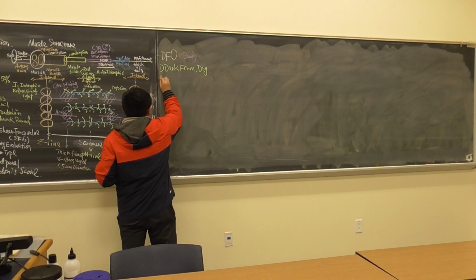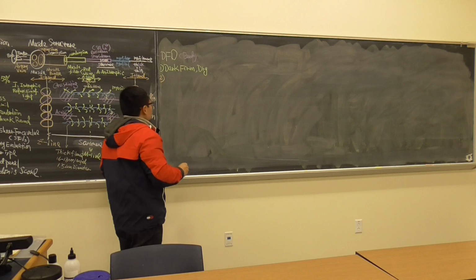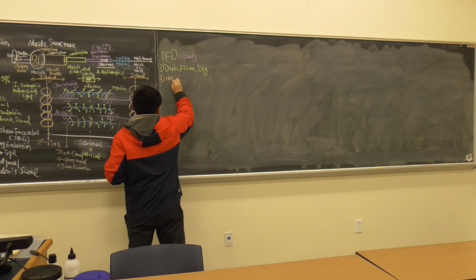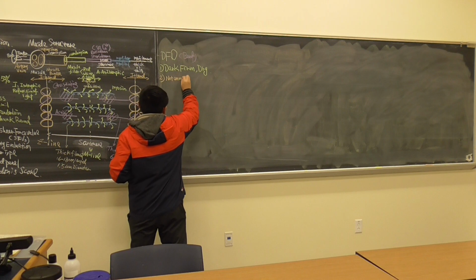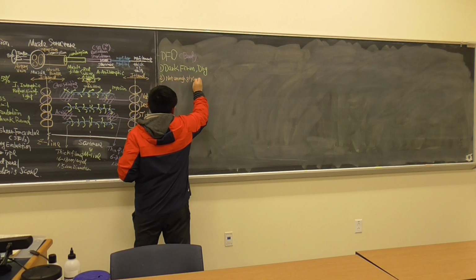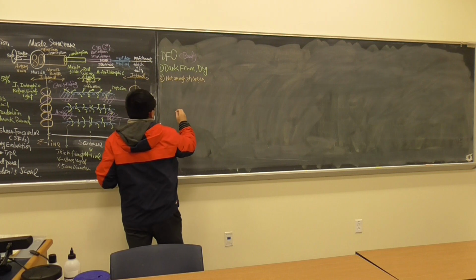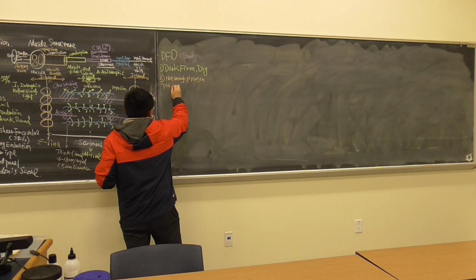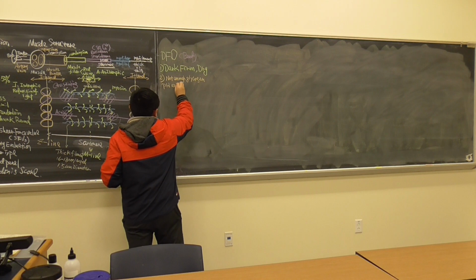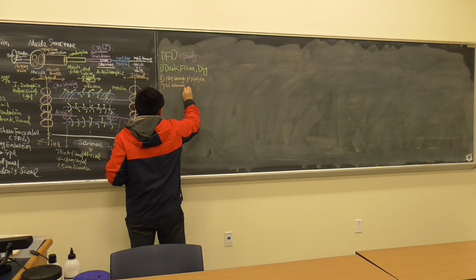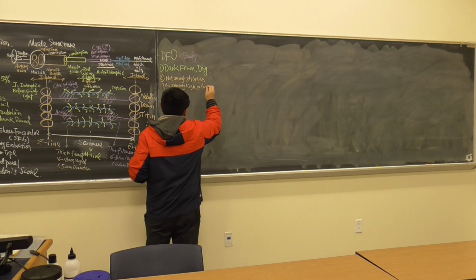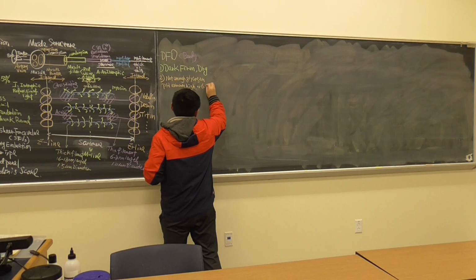Now why does this happen? The reason is not enough glycogen. Therefore, the pH is extremely high. How high is it? Around 6.0 to 6.5-ish.